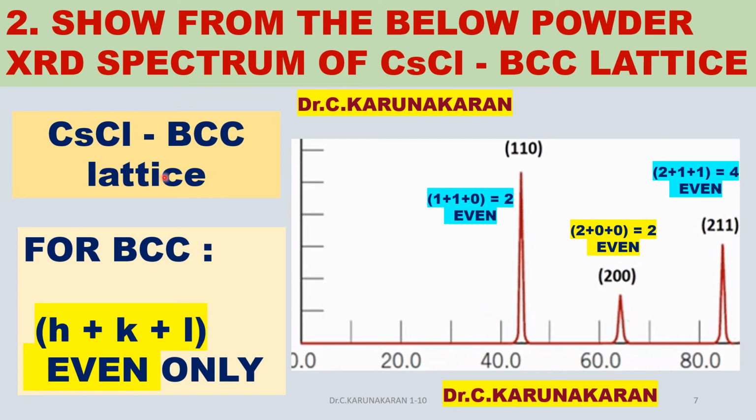Please study the equations. For BCC, h plus k plus l is even: 1 plus 1 even, similarly 2 plus 0 even, and 2 plus 1 plus 1 even. Therefore, for BCC lattice, this selection rule is obeyed. Therefore, this cesium chloride crystal belongs to body-centered cubic lattice. Okay, this is obtained from the powder XRD.